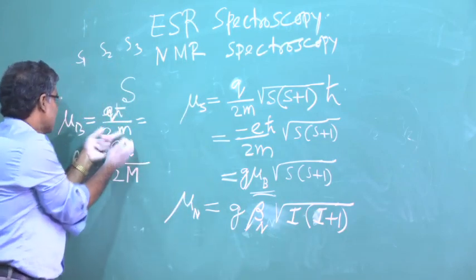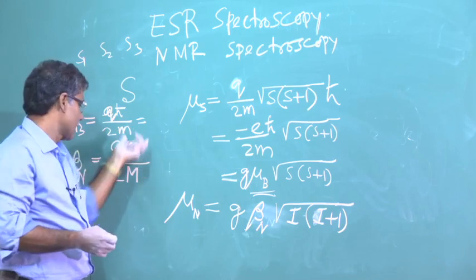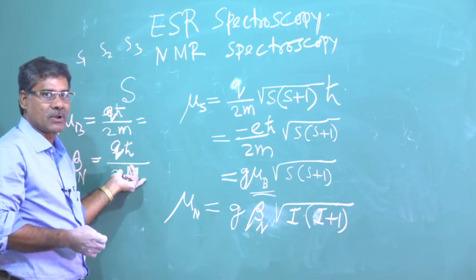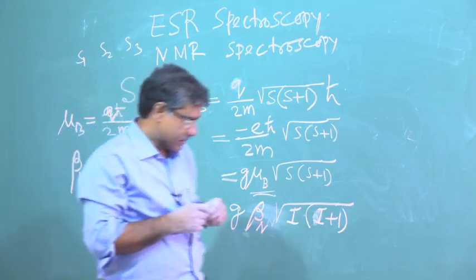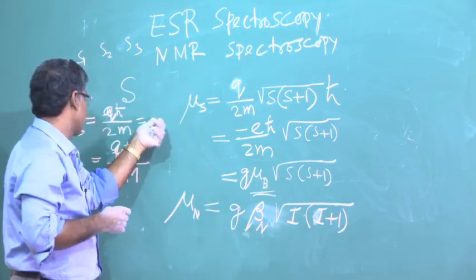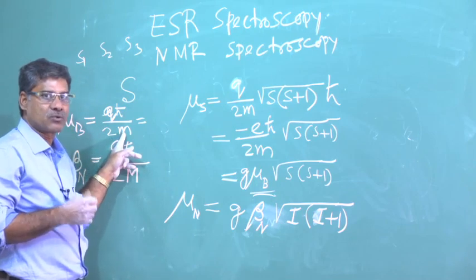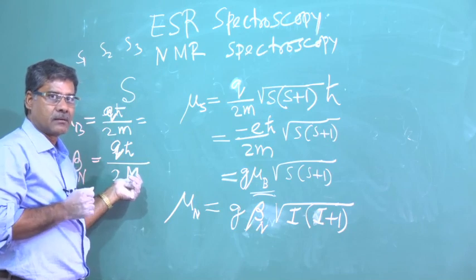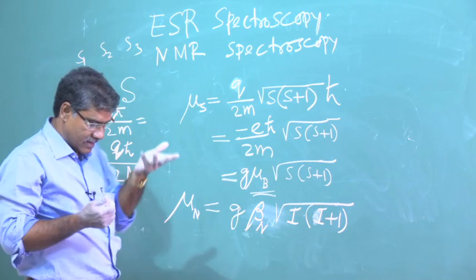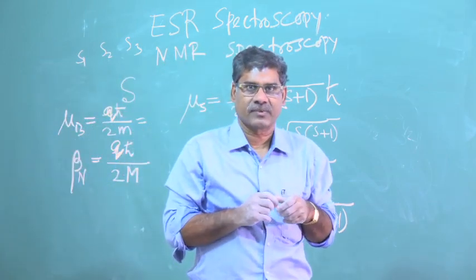The reason you can see from here: it depends on mass, the mass of the electron and the mass of the proton. The mass of the electron is of the order of 10 to the minus 27 and this is 10 to the minus 24, so they vary by about three orders of magnitude.